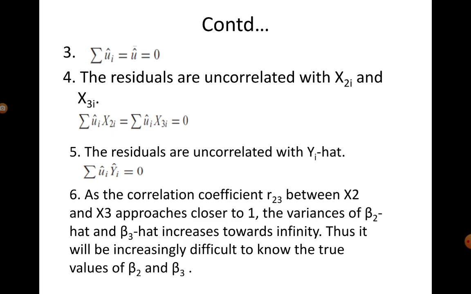So it automatically means that the yi hat and the error terms ui hats are uncorrelated. Because if they were correlated, that means there is some sort of systematic influence on yi hat from the variables that are all collectively held in the error term, right?